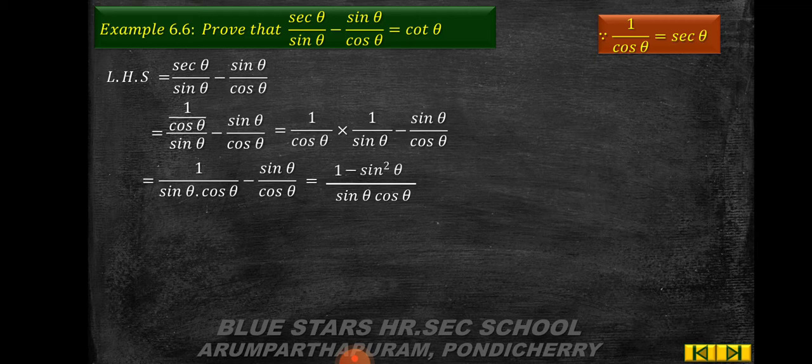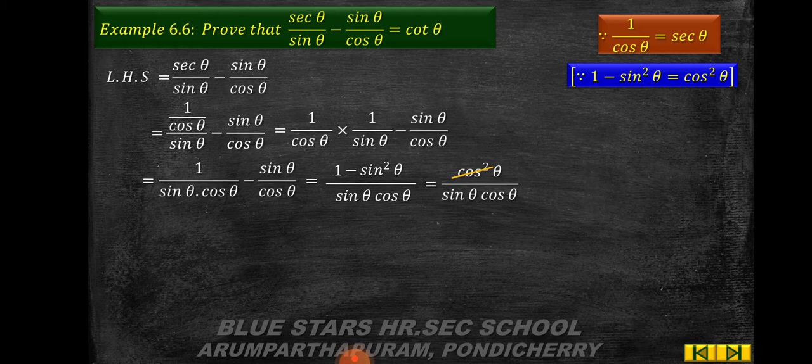Divided by 1 minus, here you have only cos theta, so multiply by sin theta, you get sin theta into sin theta, which is sin square theta. So we know the trigonometric identity 1 minus sin square theta is equal to cos square theta. So substitute the identity in the equation. You get cos square theta divided by sin theta into cos theta.